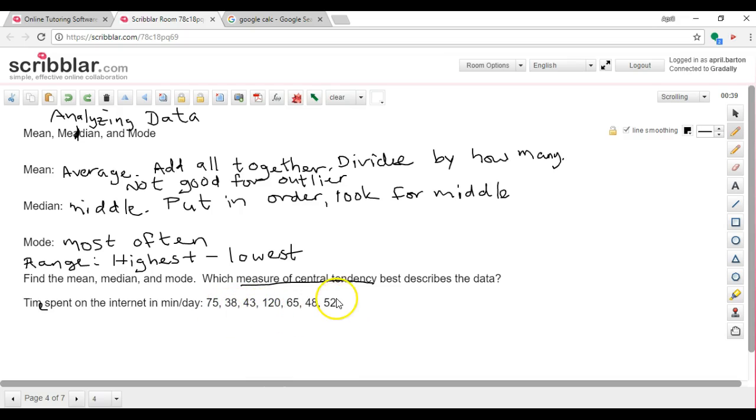To find the mean, add them all together: 75 plus 38 plus 43 plus 120 plus 65 plus 48 plus 52. Then we divide by how many there are. We have 1, 2, 3, 4, 5, 6, 7, so we will divide by 7.